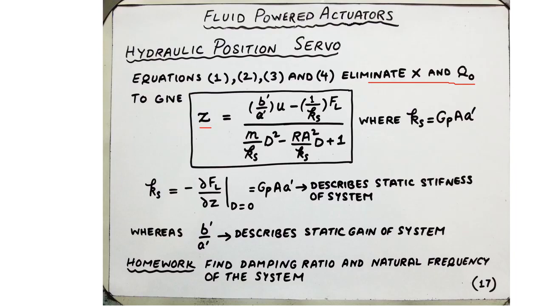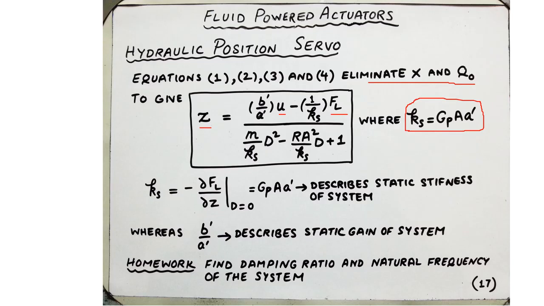That is c equals b prime over a prime times 1 input u minus 1 over ks times the opposing force Fl, divided by m over ks d square minus ra square d divided by ks plus 1, where ks is gp times aa prime.